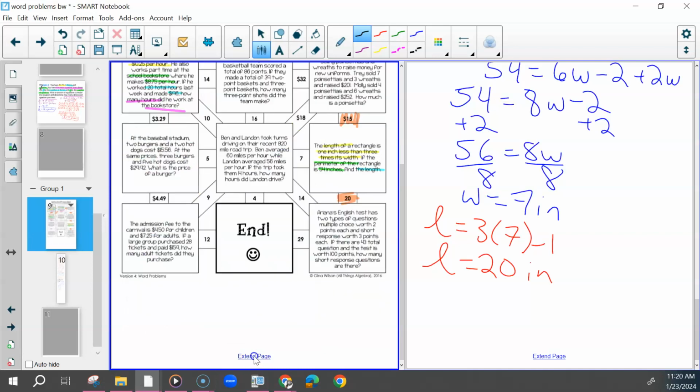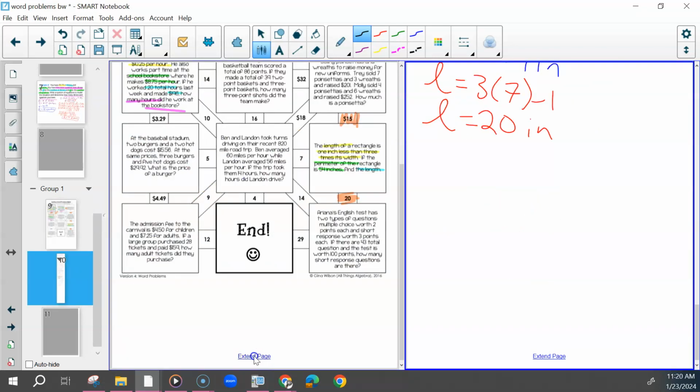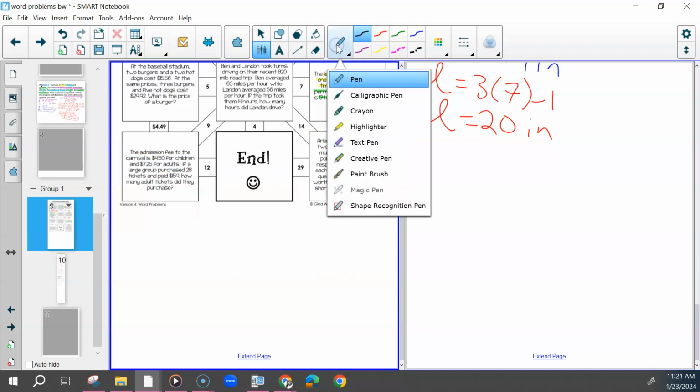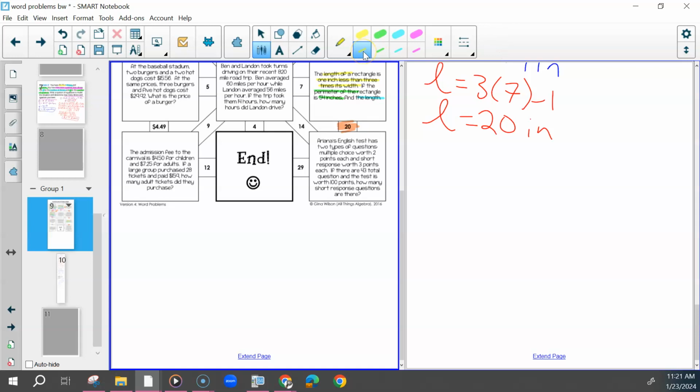So we need important things first. Multiple choice 2 points each, and short responses 3. And 43 total questions. The test is 100 points. And then how many short responses?